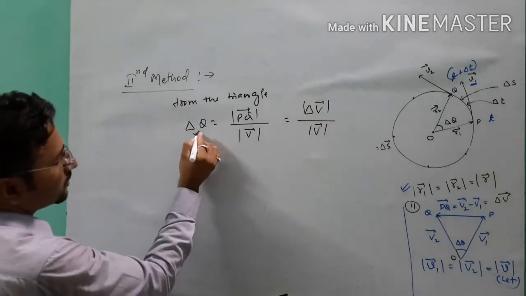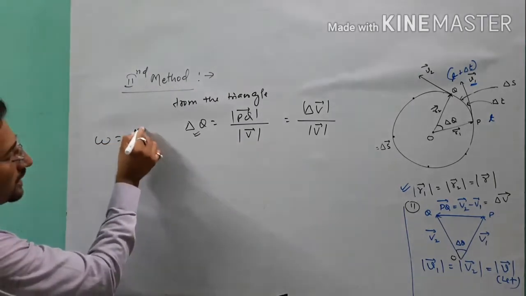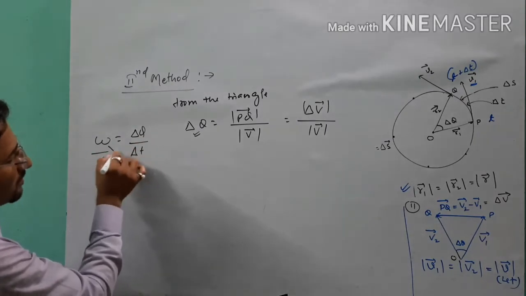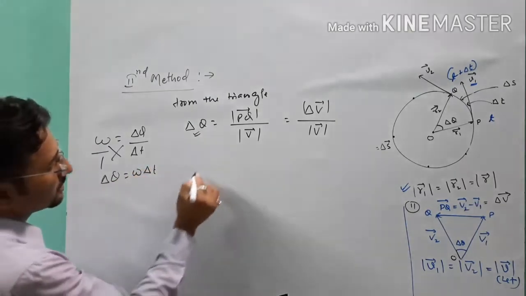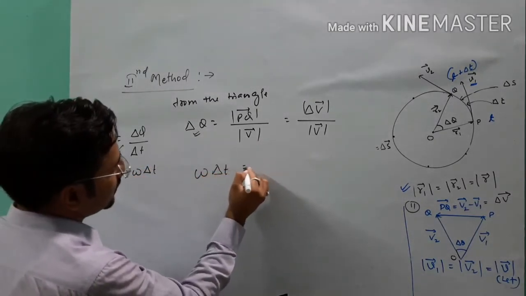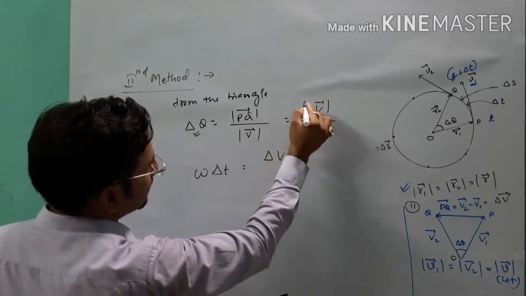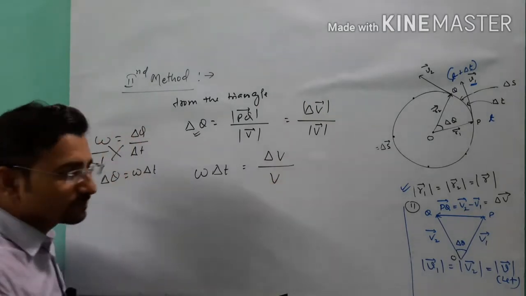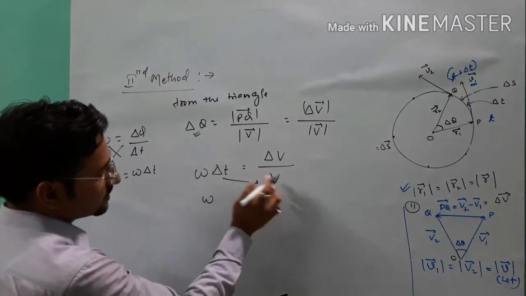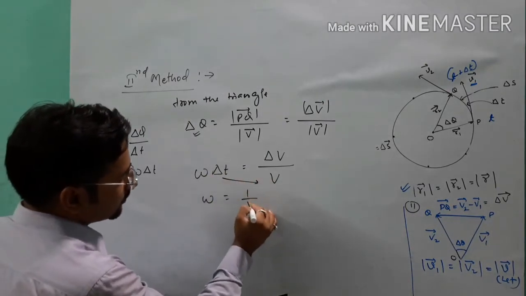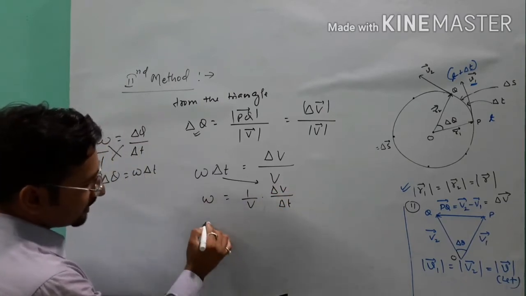Now see about this point. Here I will use this relation, angular velocity omega is equal to delta theta over delta t. So by cross multiplication you can write delta theta is equal to omega into delta t. So I will write omega into delta t is equal to mod of delta v, which is equal to delta v vector, that is delta v, and here also v. So now after transferring this delta t from LHS to RHS, I can write 1 upon v delta v over delta t, and this omega remains as it is.